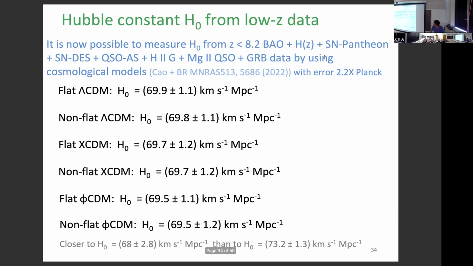We already have better supernovae data, the Pantheon Plus. We also have a little bit better BAO data and Hubble parameter data, but that's all going to be incremental.